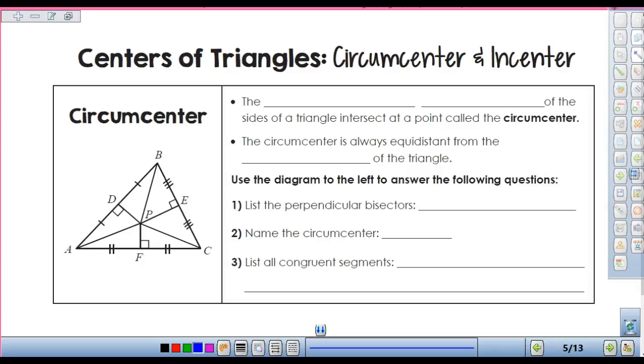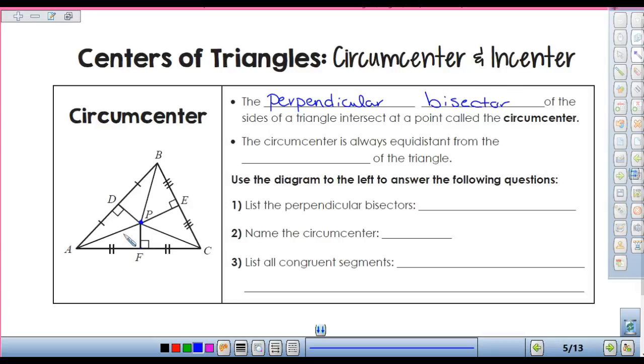The circumcenter is where the perpendicular bisectors intersect in the middle of the circle. Okay, so if you take all the perpendicular bisectors, so this guy, and this guy, and they intersect, they're going to intersect right in the middle there at what we call the circumcenter.